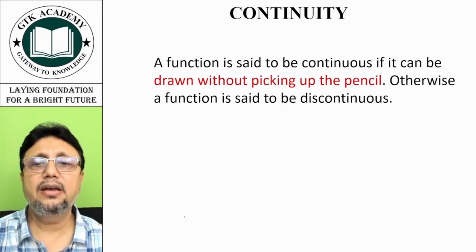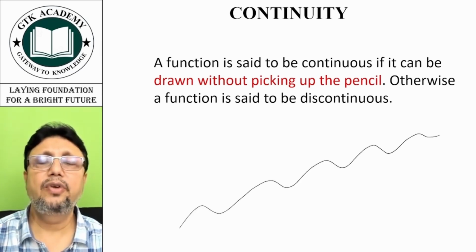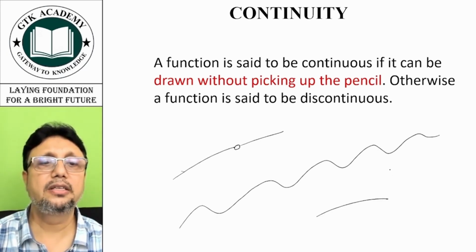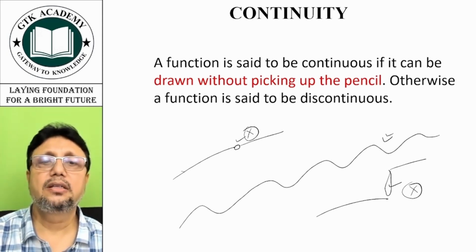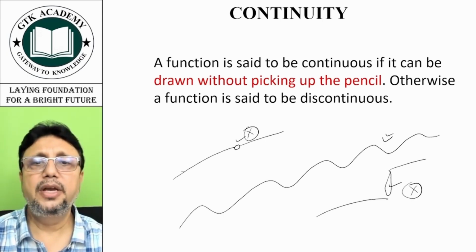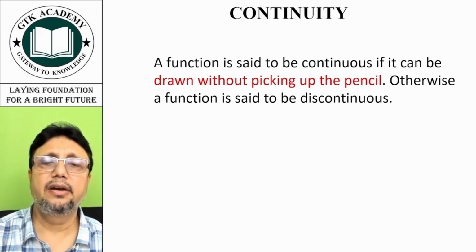Suppose we are drawing the graph of the function like this. We are not picking up the pencil, but if we draw like this and there is a gap, here we need to pick up the pencil, or there is a jump, here also we are required to pick up the pencil. So both these are discontinuous functions, whereas this is a continuous function. That is what we mean by continuity here.